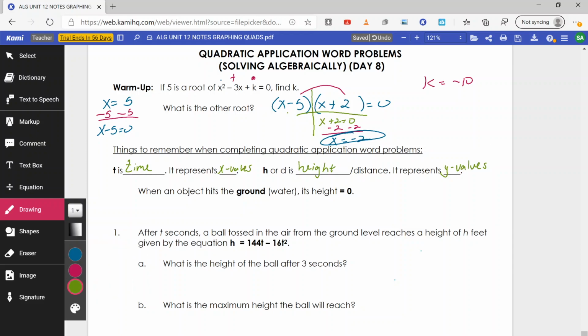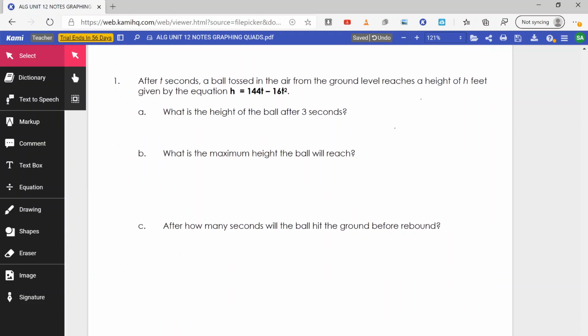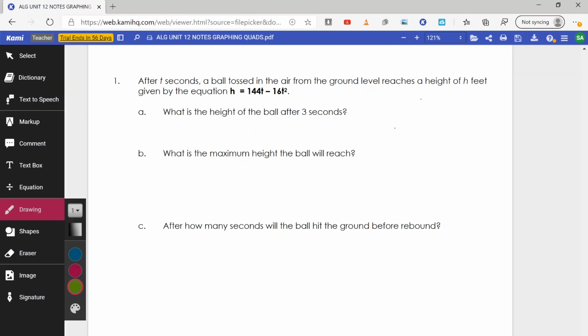So first things first, what I want to do is answer these particular few questions pertaining to this problem. After t seconds, we have a ball tossed in the air from ground level, reaching a height of h feet, given by the equation h equals 144t minus 16t squared. What's the height of the ball after 3 seconds? So fortunately for us, we have an equation. We're told what the time is, so all we have to do is plug 3 in for t.